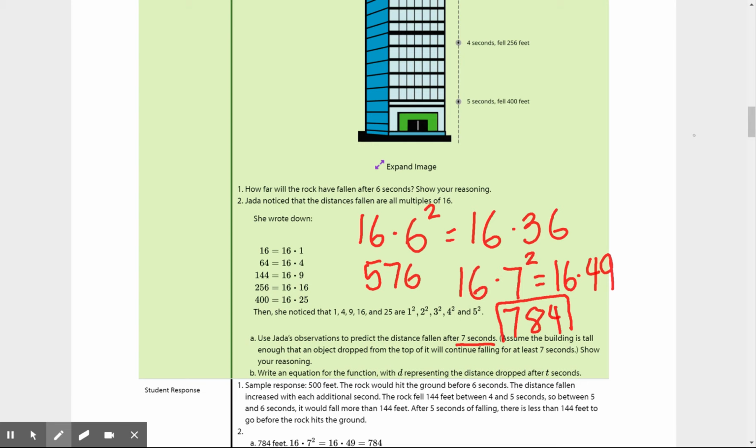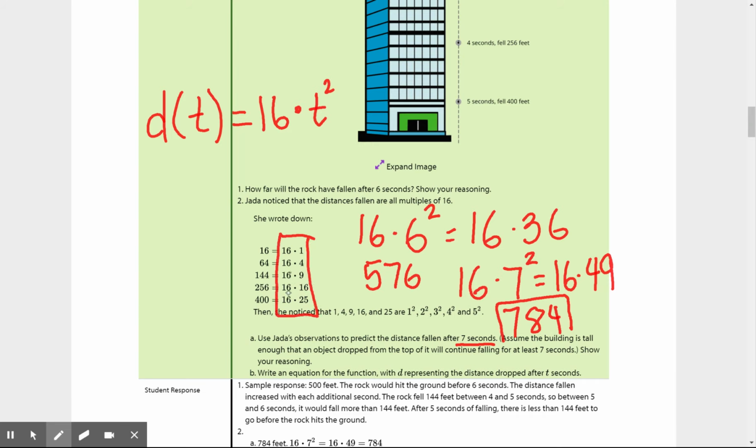So D is representing the distance dropped after t seconds. So like D of t maybe, depending on the time, we don't know which second it is, would be 16 times t squared. So some of you watching this might be like, hold up, where did she just get that from? I'm literally looking right here.